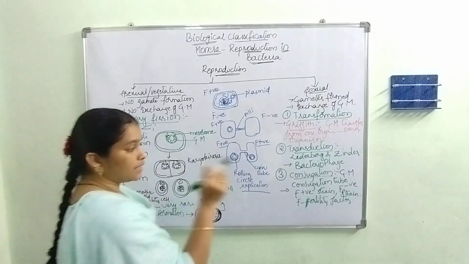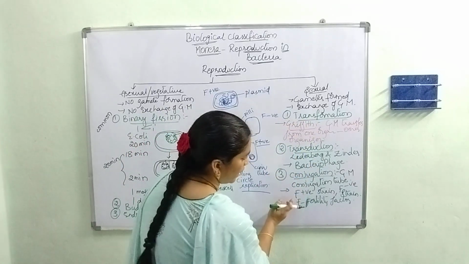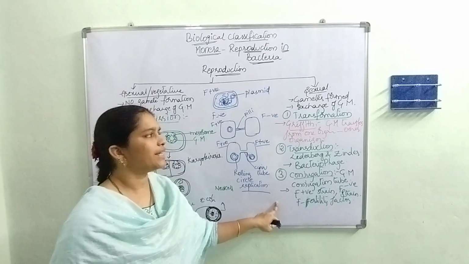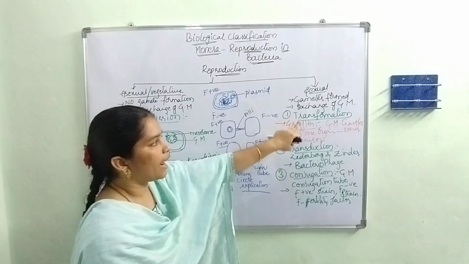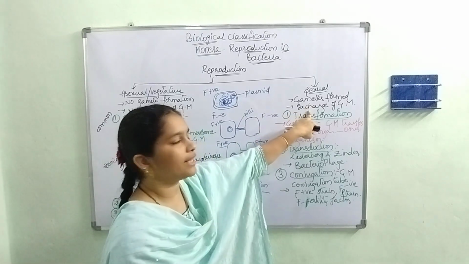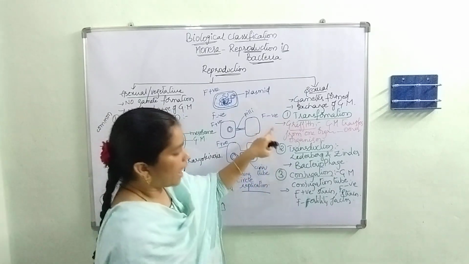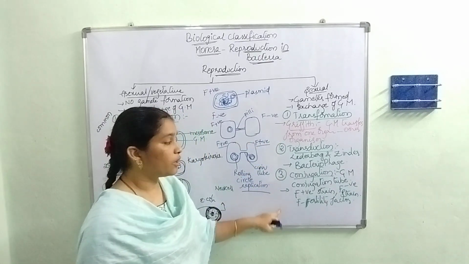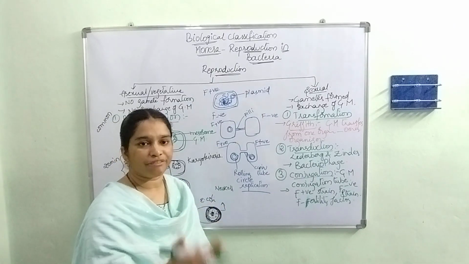Now let us look at transformation, transduction and conjugation. In these three types of sexual reproduction, there is an exchange of genetic material, and we call them plus and minus strains, but there is no zygote formation and no fusion of male and female gametes.